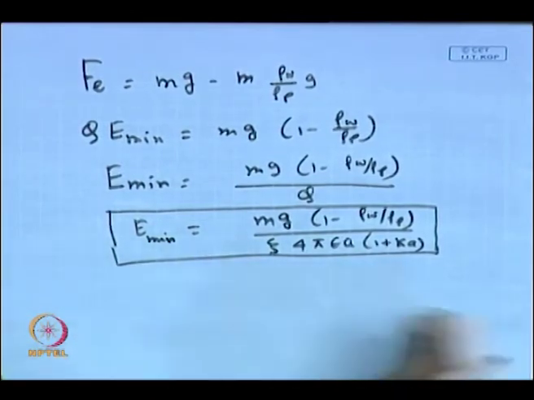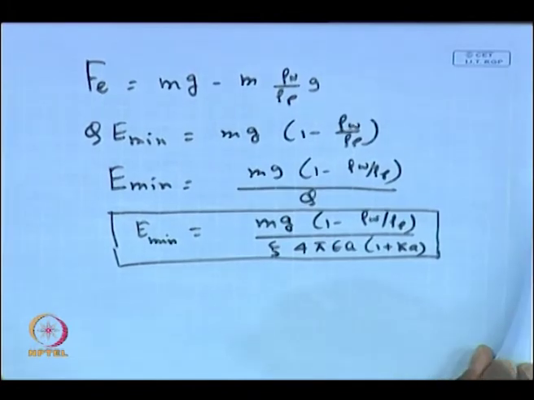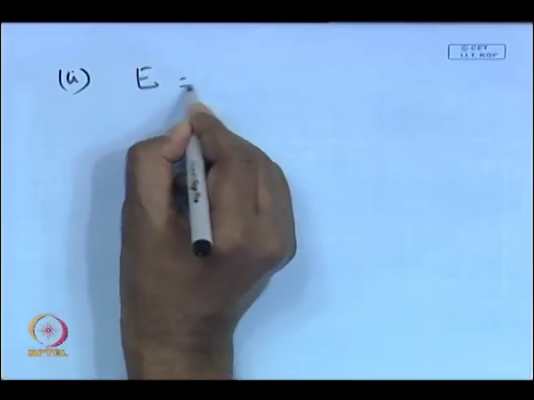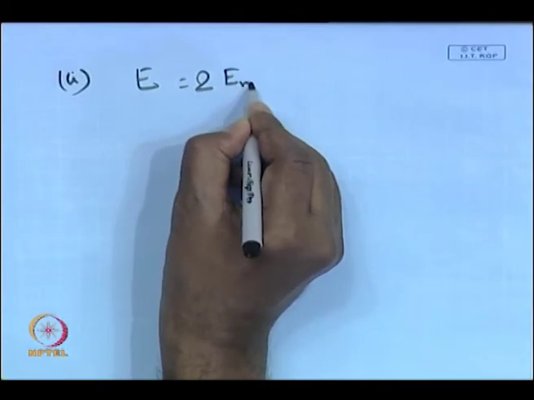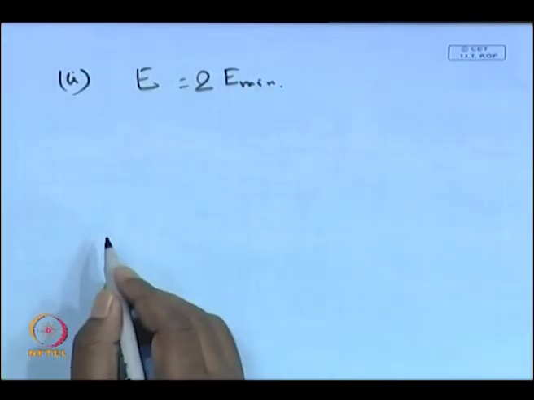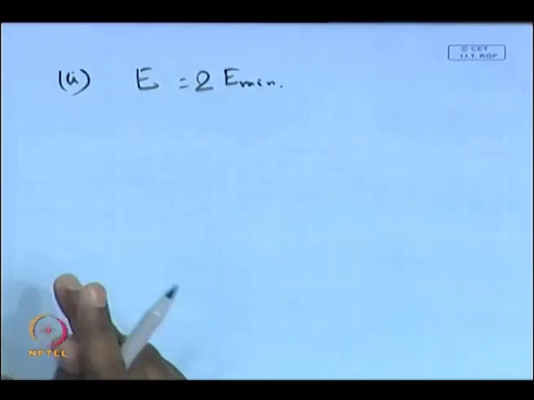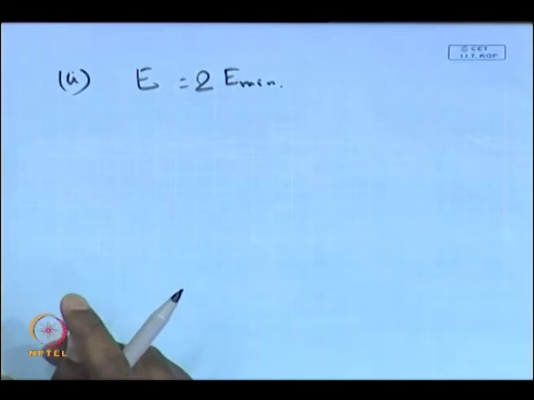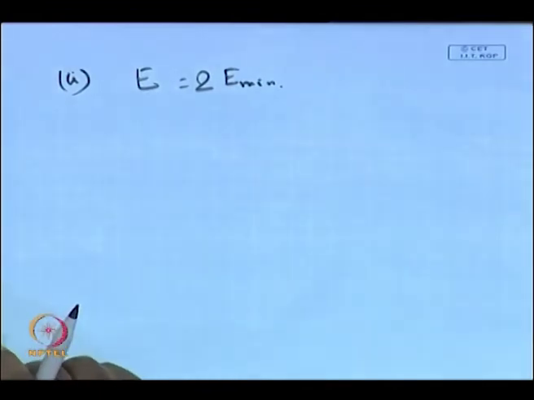Now, in part 2, we are applying a field strength which is twice the minimum value. So, in part 2, your E is twice E minimum. Now, in this case, all 4 forces are present in the system because it is in motion.